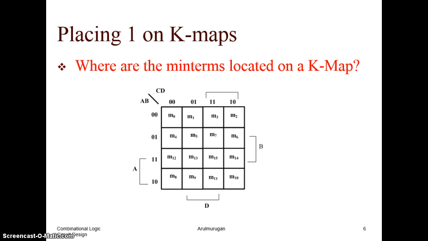After getting the formulations, we use the K-map technique for minimizing the Boolean expressions. This is the 4 variable map.